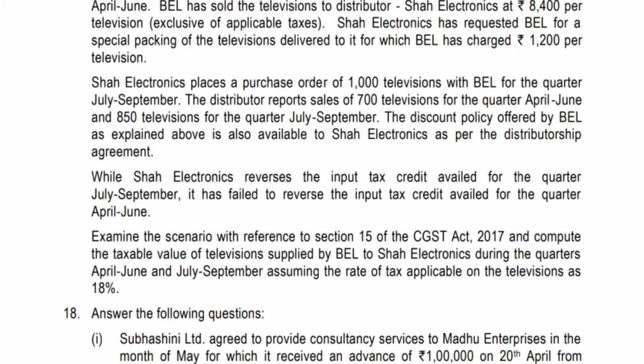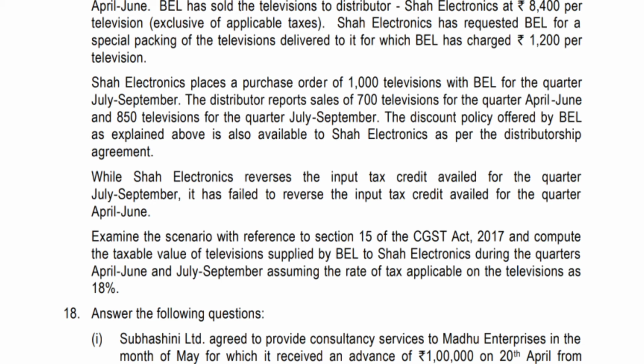Sa Electronics has requested BEL for special packaging of the television delivered to it, for which BEL charged 1200 rupees per television.